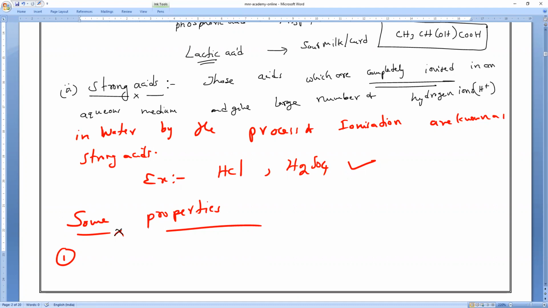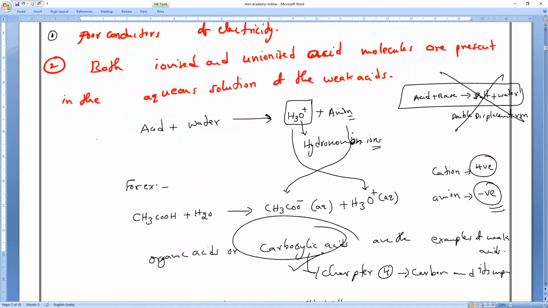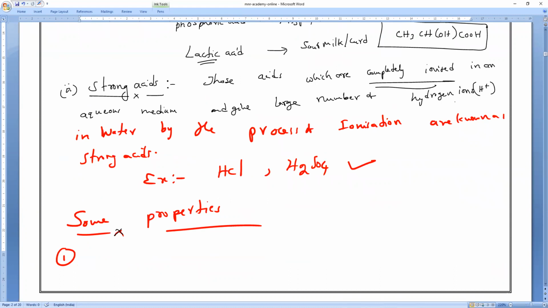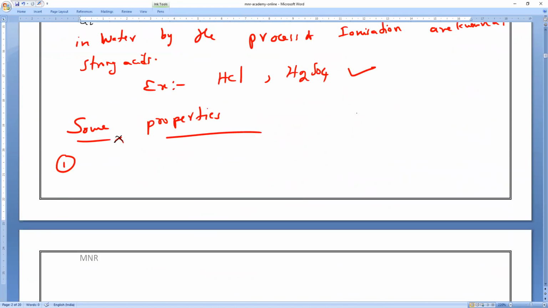Weak acids contain ionized and unionized acid molecules, but strong acids are completely ionized, so they contain only ions.